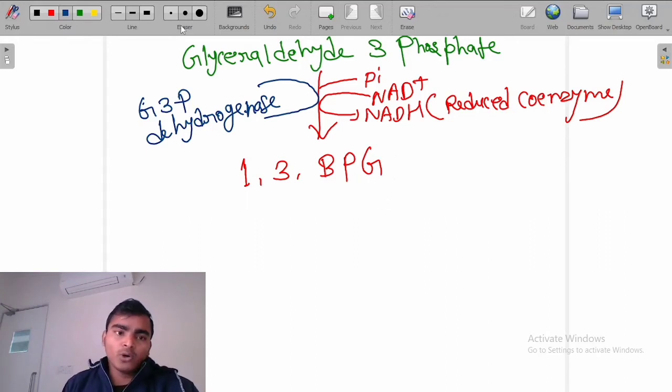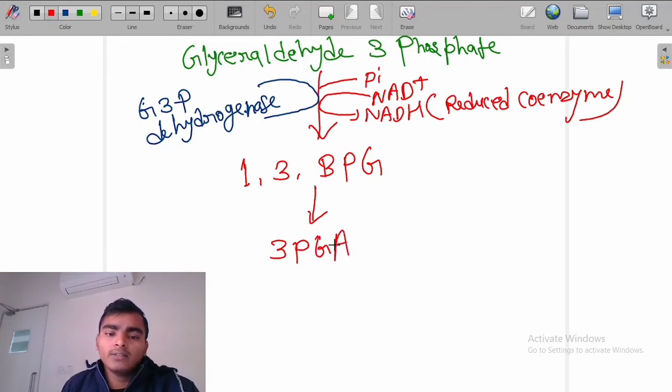Now the next step is what? The next step, 1,3 biphosphoglycerate will be converted into 3-phosphoglycerate or 3-phosphoglyceric acid. Now there are two phosphates in this 1,3 biphosphoglycerate. The first phosphate is on the 1st prime of carbon, the second phosphate is on the 3rd prime of the carbon.